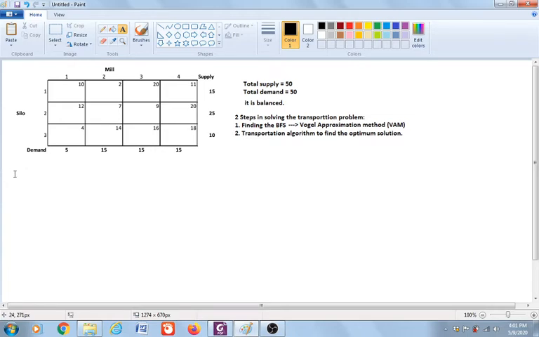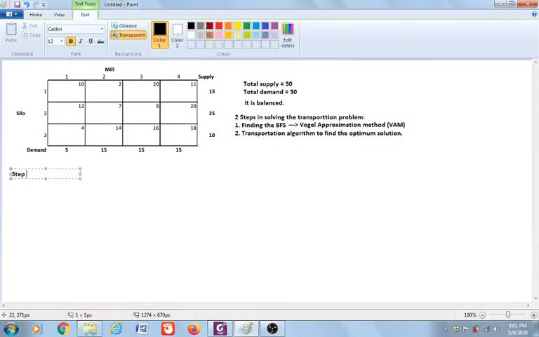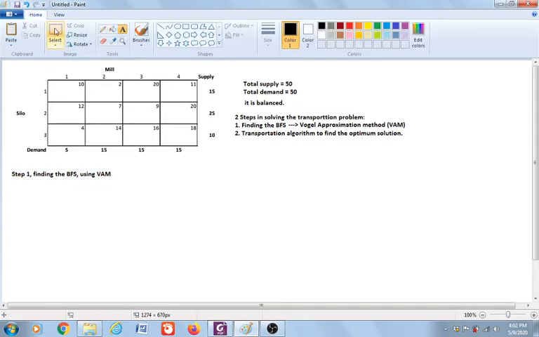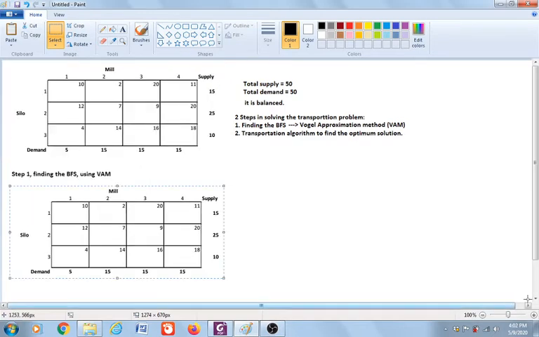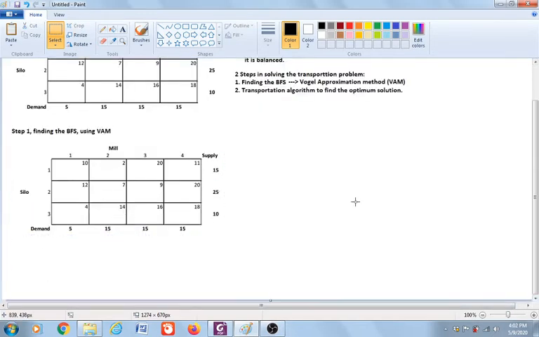So step 1, finding the BFS, the basic feasible solution, using VAM, Vogel approximation method. I'm going to copy this table down.